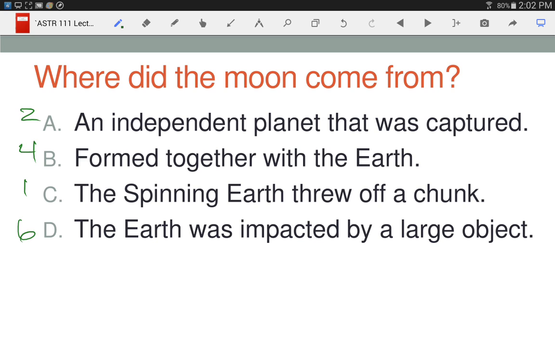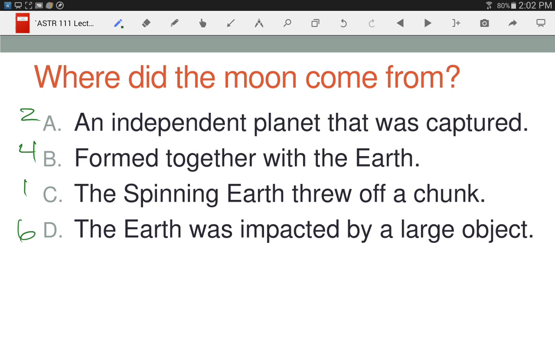That is, you had a planetesimal that came close enough to the Earth that the Earth's gravity grabbed it and didn't let it leave. There are plenty of objects believed to be moons by that method. For instance, Deimos and Phobos, the 2 moons of Mars. That's believed to be the way they got to be moons of Mars.